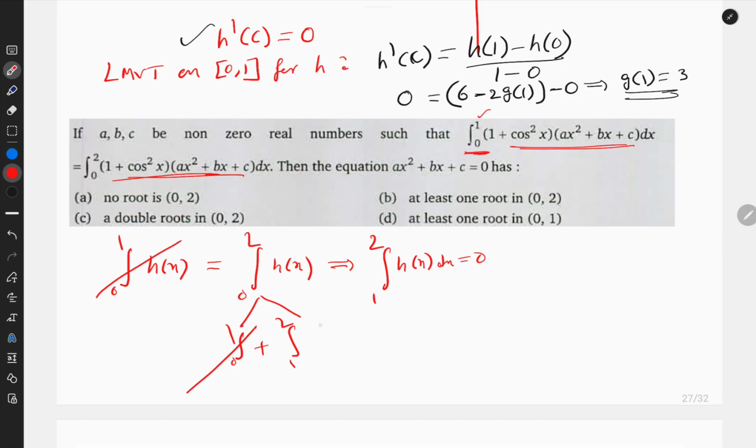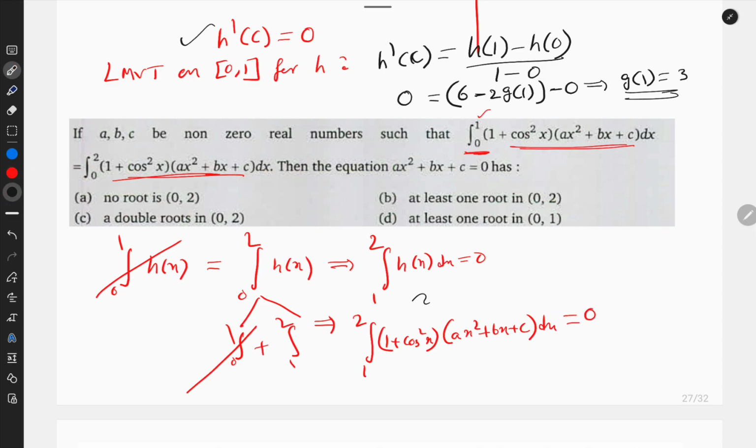So what is the integral 1 to 2 of h of x? That means from 1 to 2, what is h of x here? (1 plus cos square of x) into (ax square plus bx plus c) dx, now equal to 0.